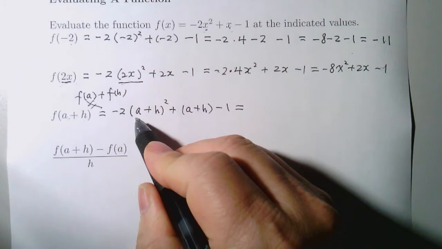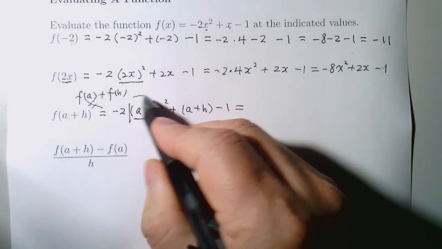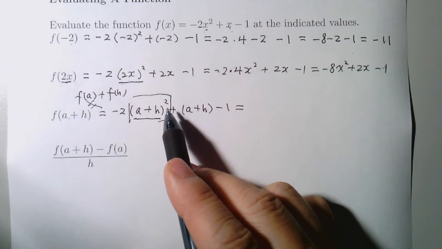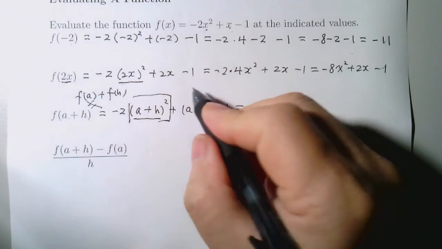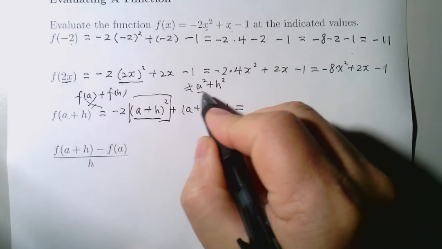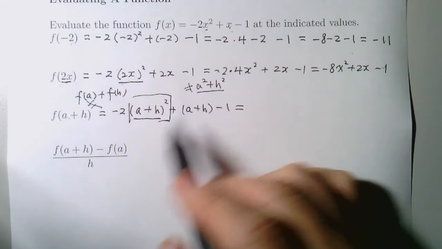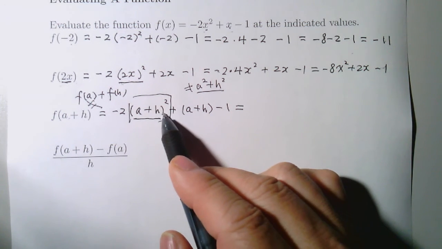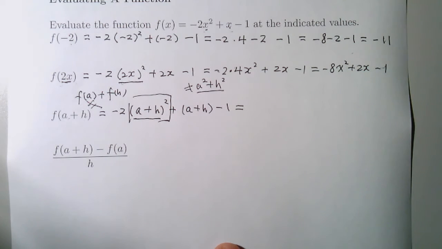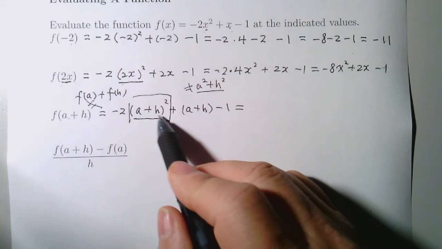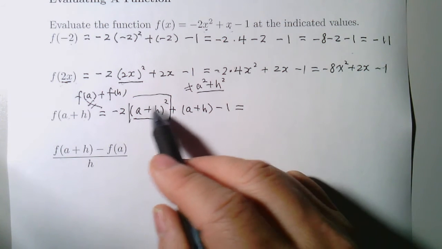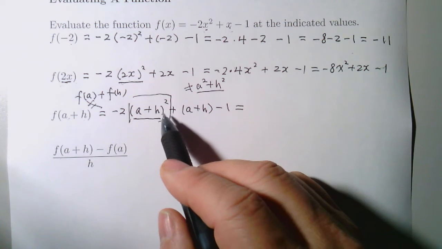Also, (a + h) squared is not equal to a squared plus h squared. This is also a very common mistake. People think (a + h) squared equals a squared plus h squared, which is not correct. Because this is a so-called perfect square, if you want to expand it, you have to use FOIL.